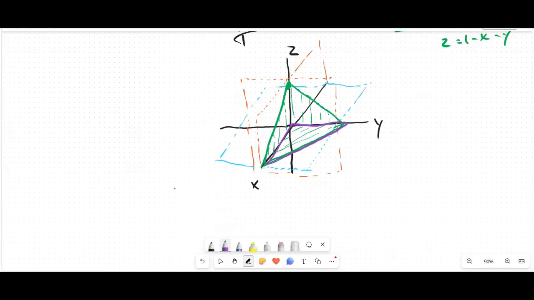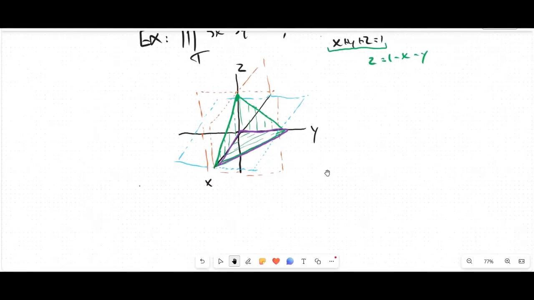Well, there's two ways that are both equally good. You can think of it as a type 1 region, where the first function right there is y equals 0. And the second one right there, I don't know if you can tell, but that's y equals 1 minus x. Right? That's what you get if you set z equal to 0 in our plane.